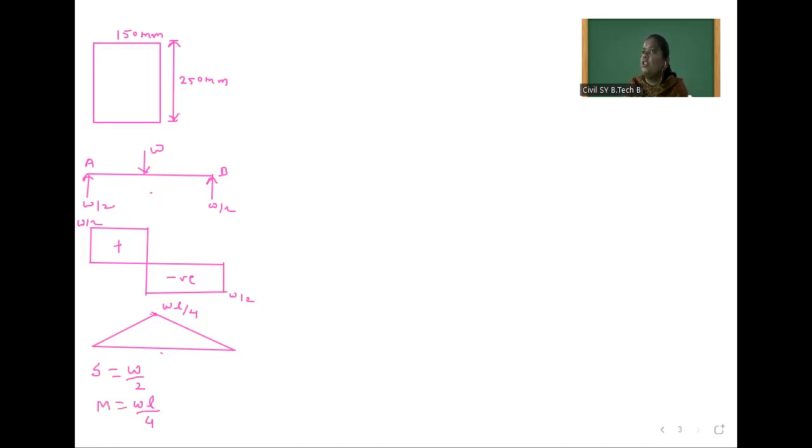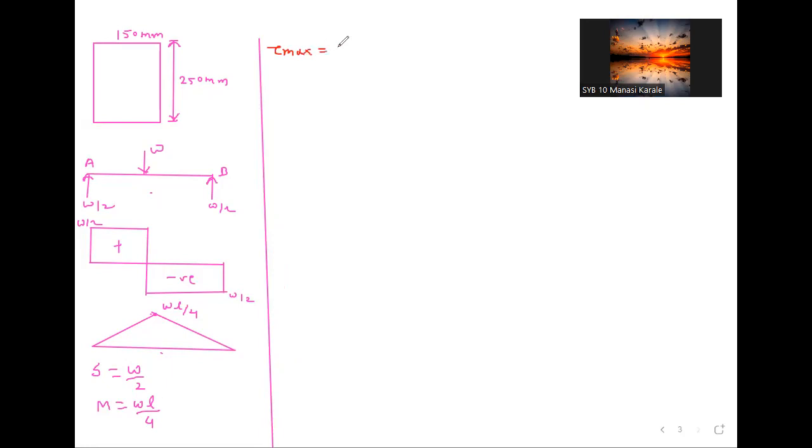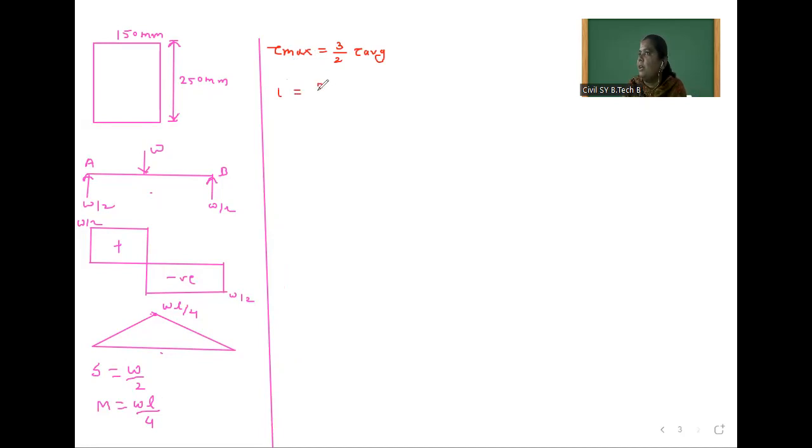First we will apply the shear stress equation. You already know that tau max is equal to 3 by 2 tau average. Maximum shearing stress is given as 1, which is equal to 3 by 2 into S divided by BD.